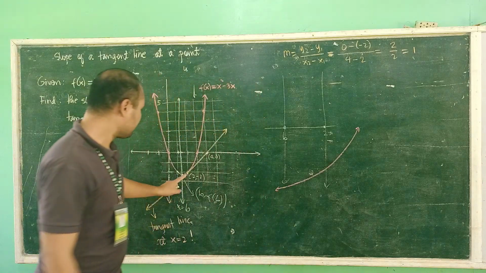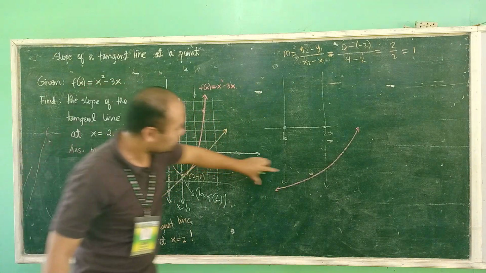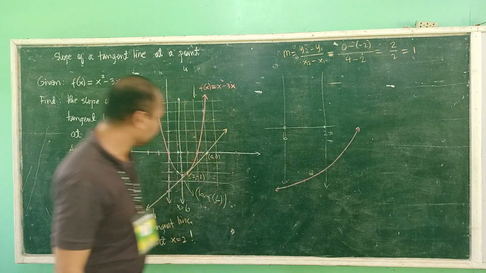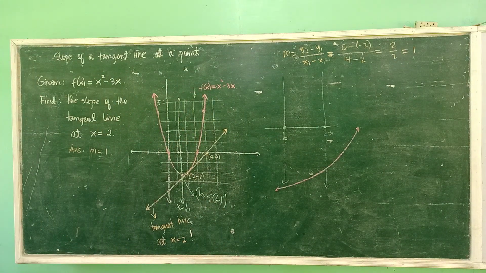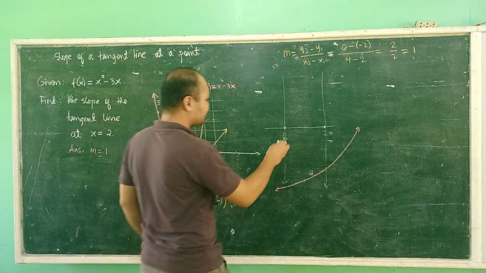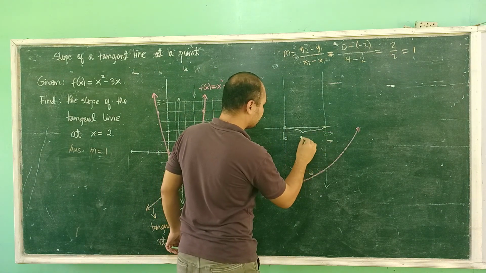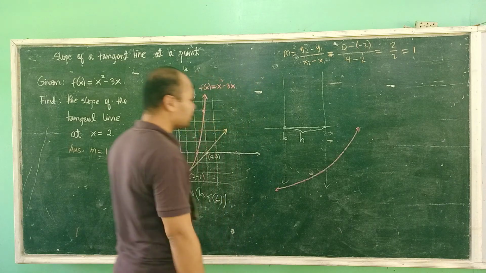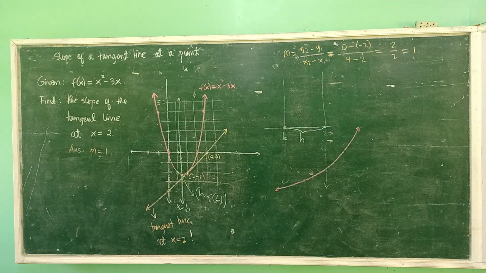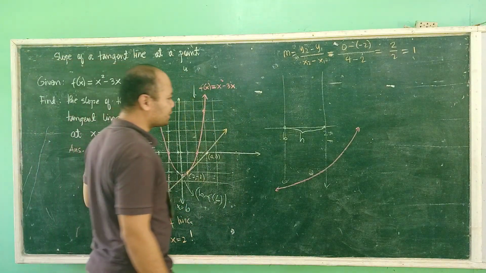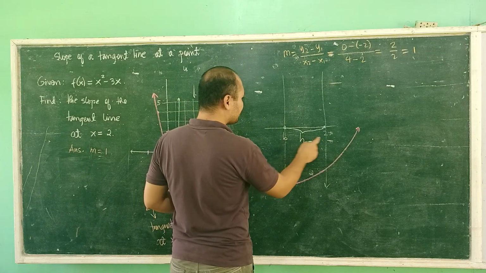This small part, it's like this part. Suppose this distance is h. Can you express b in terms of 2 and h?